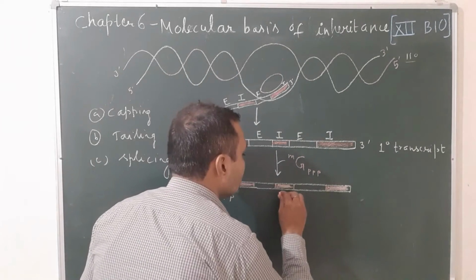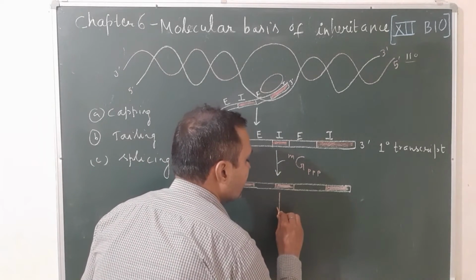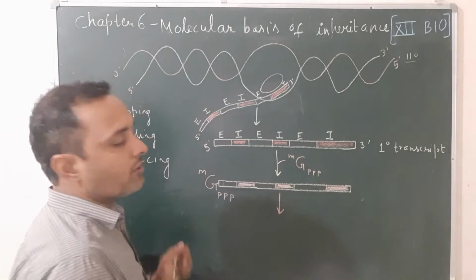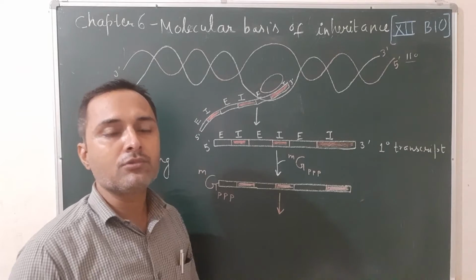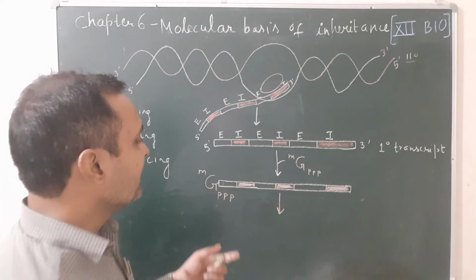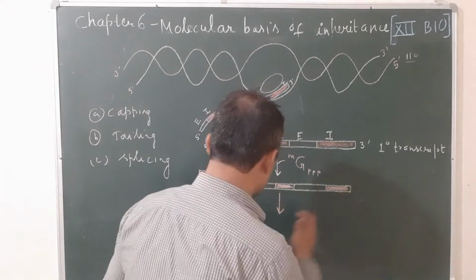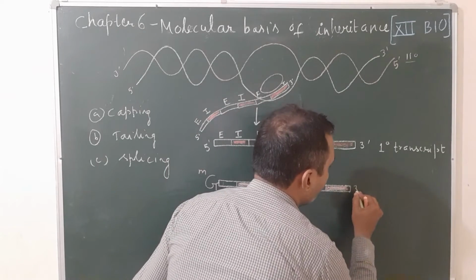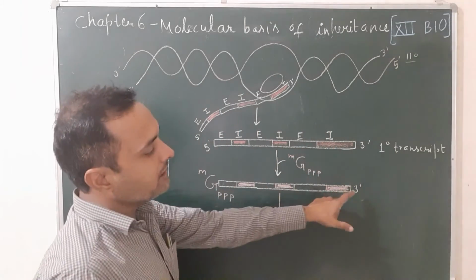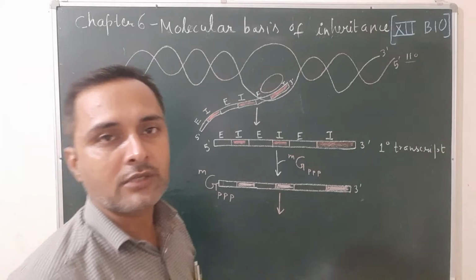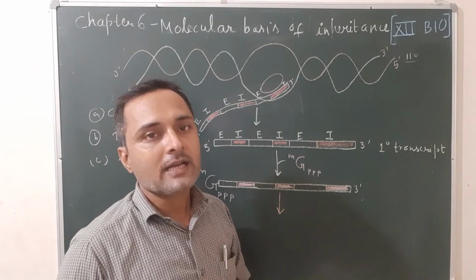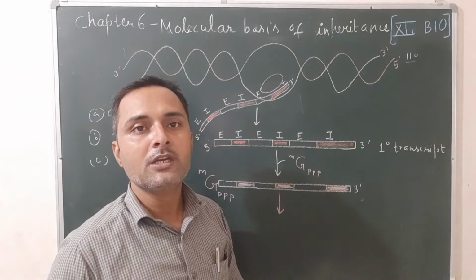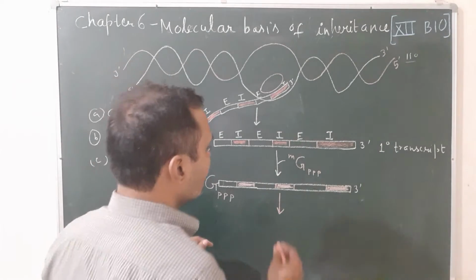Let us see the next step, that is known as tailing. Tailing is also known as polyadenylation. In this step, the addition of 200 to 300 adenylate residues takes place at the 3' end of eukaryotic mRNA. This is the 3'. From the 3' end, about 200 to 300 adenylate residues are added to the 3' end of the eukaryotic mRNA.